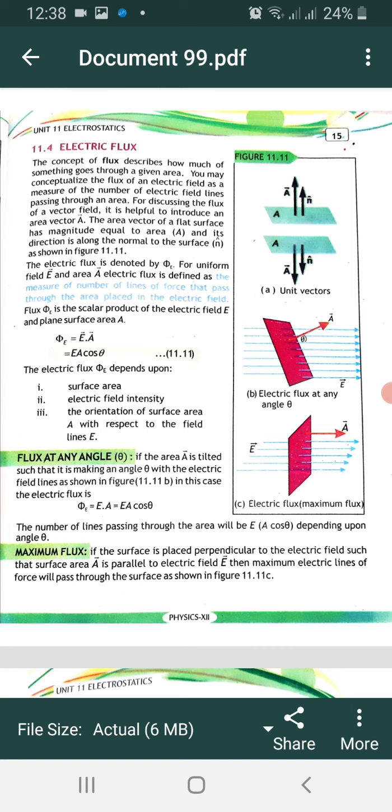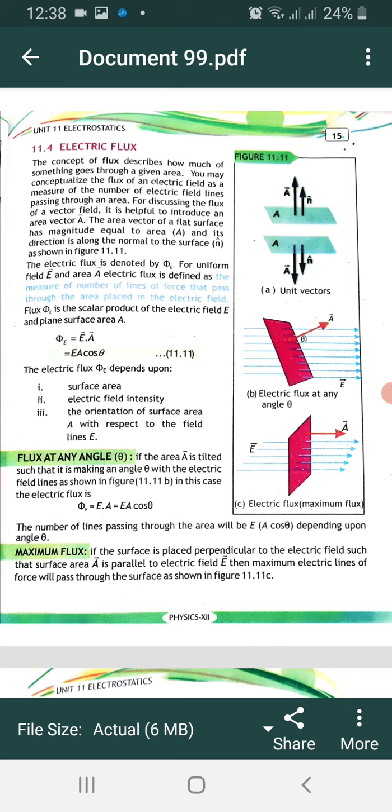So the thing which is changing with respect to the electric field line is the direction of the normal to the surface area. Here in figure A there are two different surface areas. In the first one the normal is in the upward direction, in the second one the normal is in the downward direction. So this clearly demonstrates that if the normal drawn to the surface area is changing, the direction of the surface area is also changing. That's why it is called vector area.